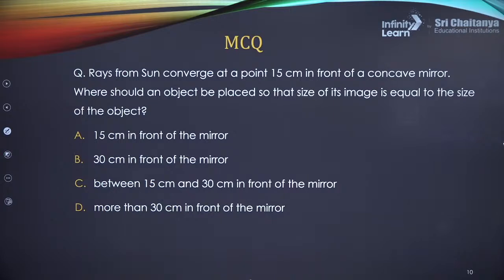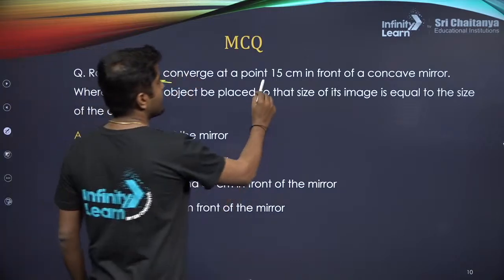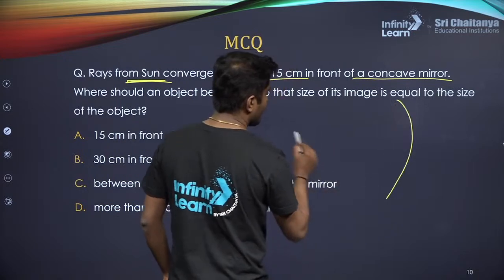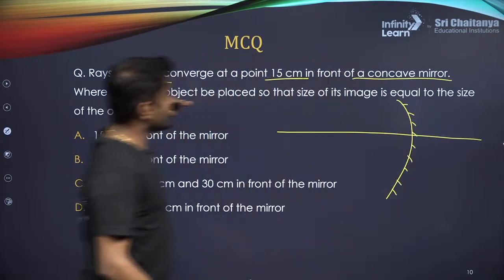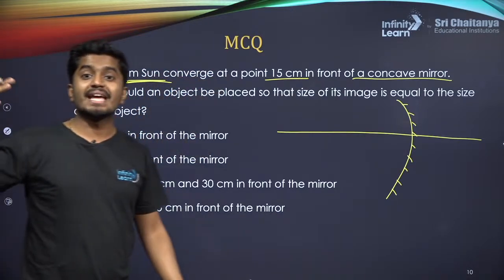So what is the question? Rays from the sun converge at a point 15 centimeter in front of a concave mirror. So we have a concave mirror, and the rays are coming from the sun. The sun is the object which is at infinity.